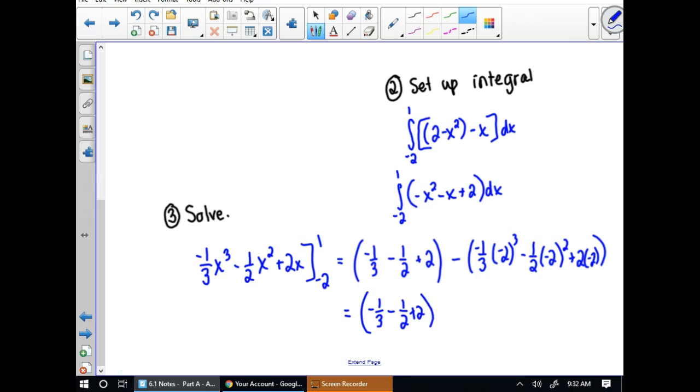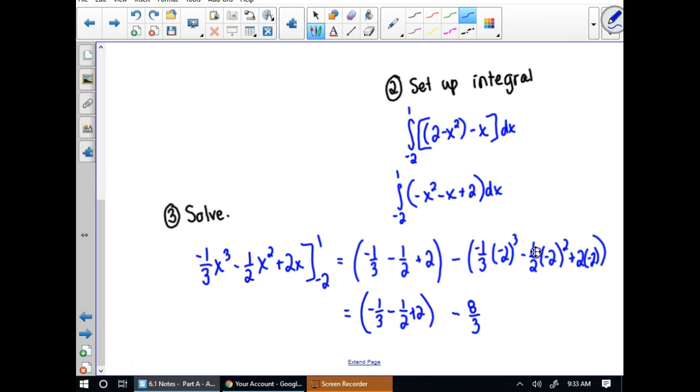So let's see what we've got over here. So this is going to be, oh gosh, so many negatives. It's going to be -8 times -1/3, which is +8/3. But then you got the minus here, so it ends up being -8/3. Here you will have 4 times -1/2.